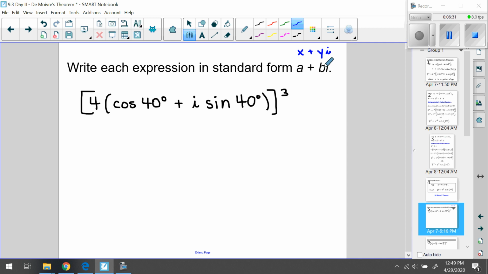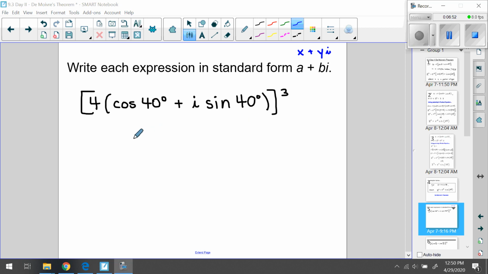For whatever reason, the book switches over today and uses a and b instead of x and y, which is okay. That's actually what most textbooks use. So just know that a is your real number part and b is your imaginary number part. The entire number itself is a complex number.